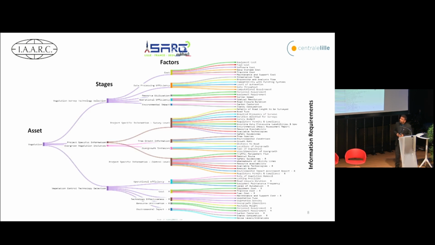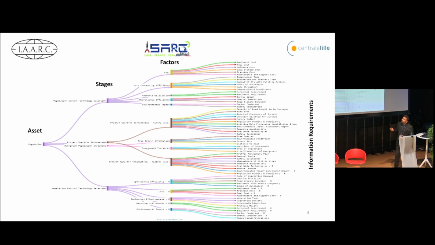So here is what finally led us to the requirements part. We have roadside assets, which is the vegetation here. We have stages for vegetation: the first stage is survey technology selection, the second is project-specific information, then overgrown vegetation instances, and vegetation control technology.